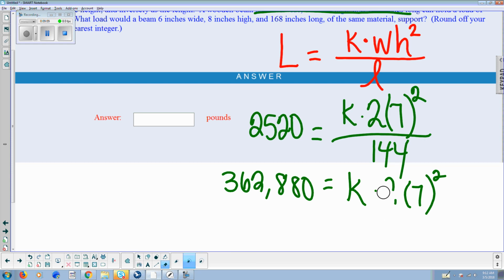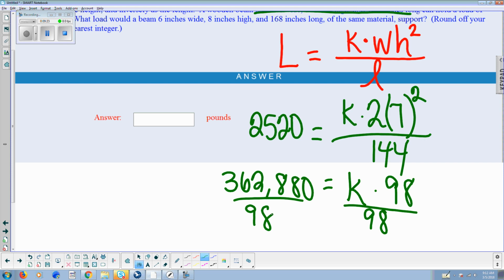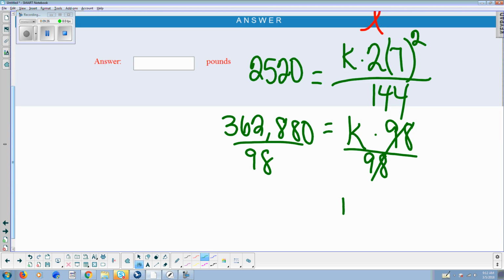So I could rewrite this as K times 98. And then divide both sides by 98 to find that K equals 362,880 divided by 98, which is a big long decimal. I do not want you to round K. Do not round K. Make a note of that.